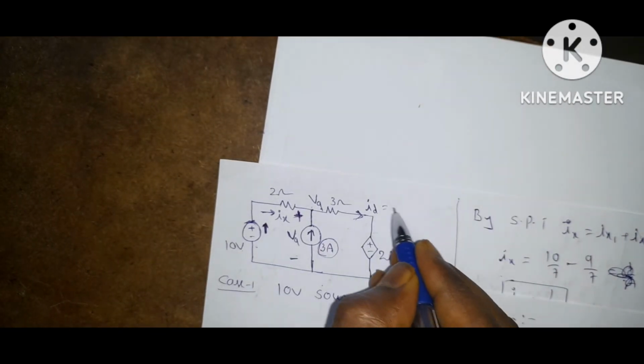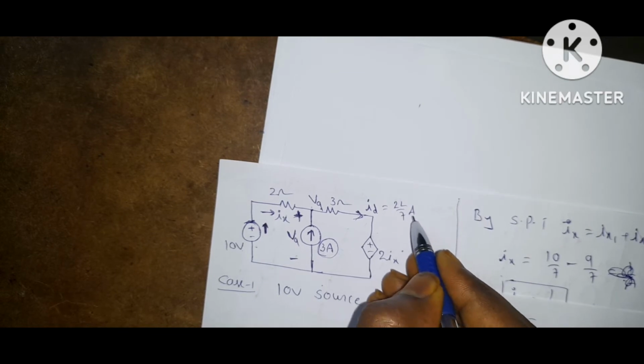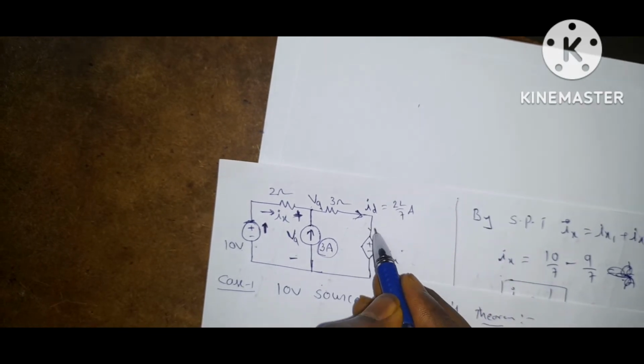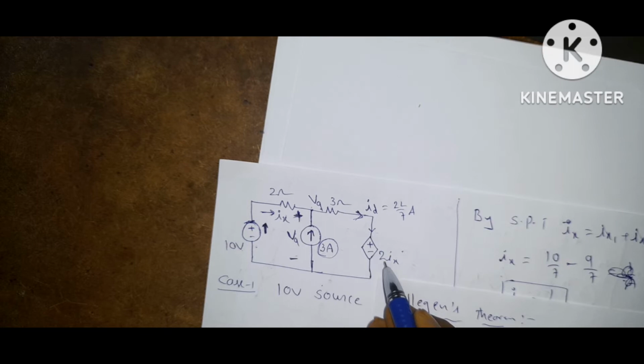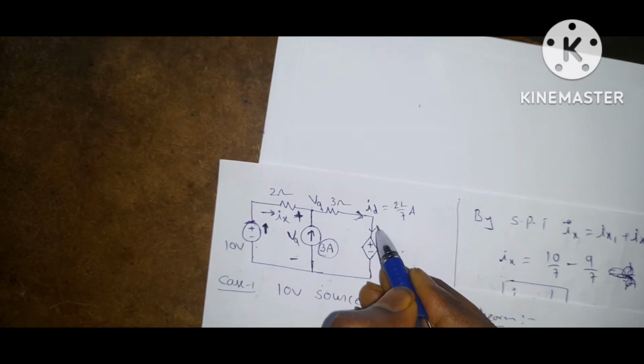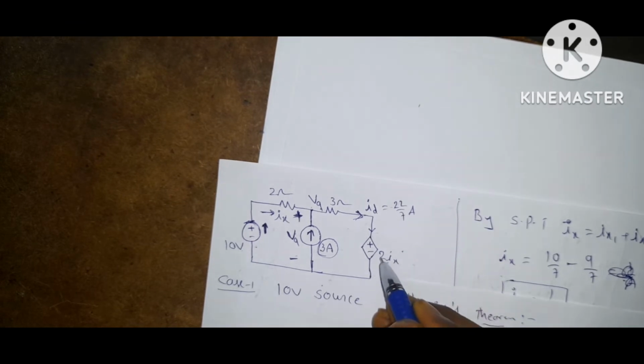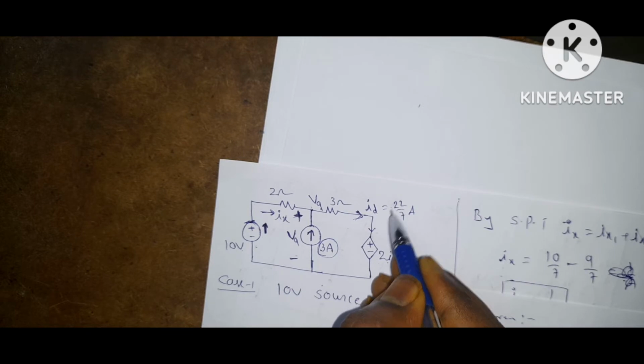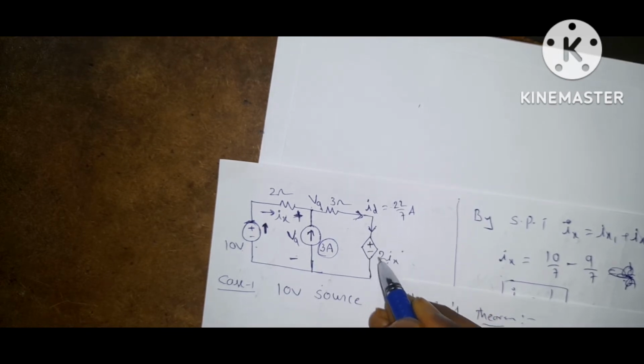Here this is positive. The current enters the positive terminal of 2Ix. If it is negative, the current is leaving, then this source is delivering the power. But here it is positive, the current is entering the positive terminal of the source, so the dependent source is absorbing the power.